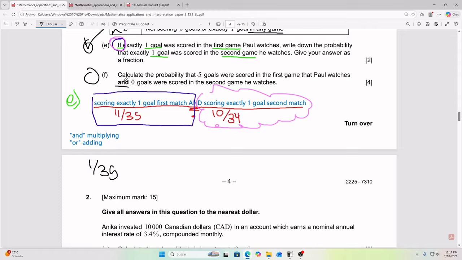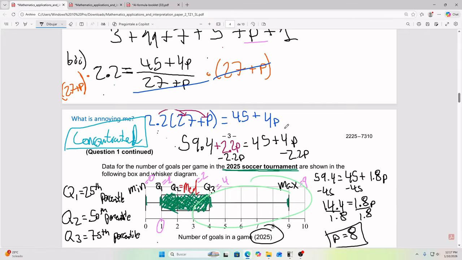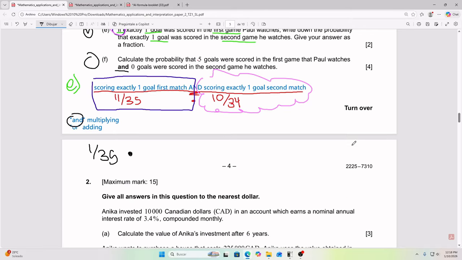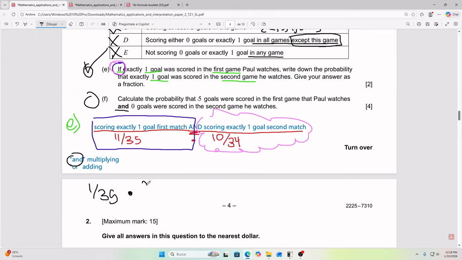And because of this and that they put in bold, and for multiplying, so 1 divided by 35 times the probability that 0 goals were scored in the second game he watches. Well, 3 matches had 0 goals, and we already went through the first one, so it would be 3 divided by the new total, which is 34, because we're talking about the second match. So here, it would be 1 divided by 35 times 3, which is the probability of 0 goals, divided by 34, because we are already on the second match.